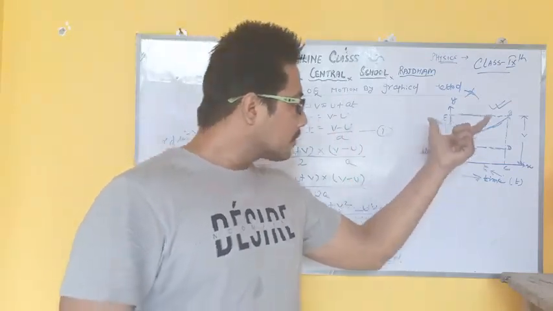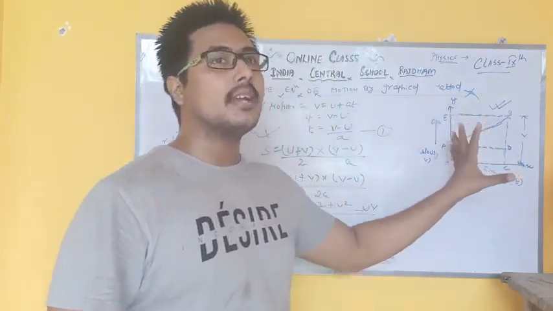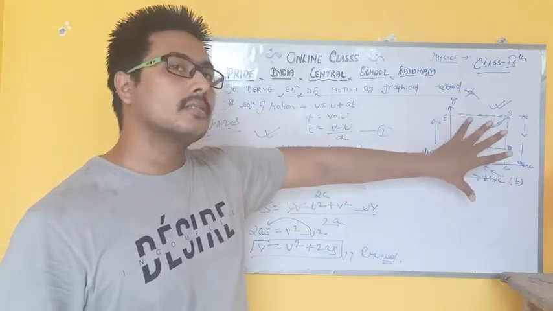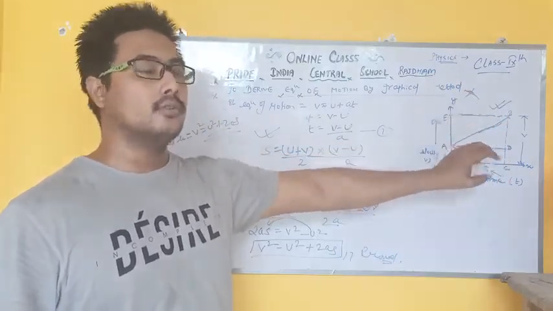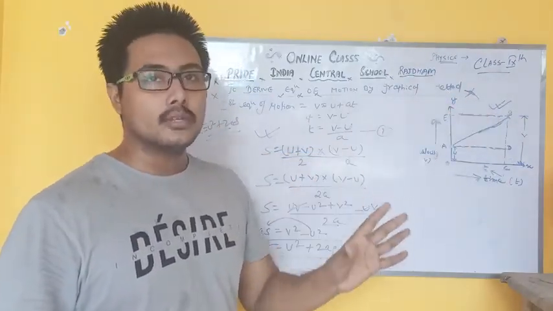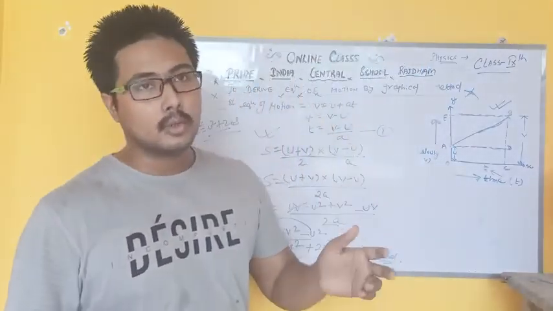So kindly just make this figure and then try to work it out, you will get the answers yourself. If you try it once or twice, it will be very easy for you. Just by looking at the figure, you can find all three equations of motion. Next, we'll be moving on to uniform circular motion.